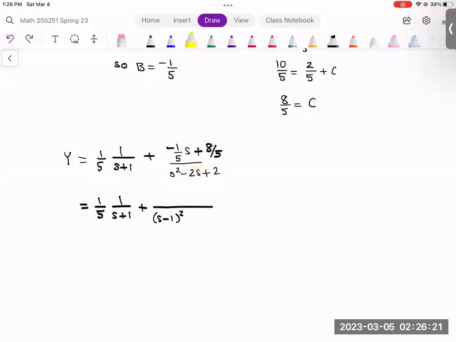So the coefficient of s was equal to negative 2. So half of that gives us negative 1. When we calculate s minus 1 squared, this is s squared minus 2s plus 1. So we've added in an extra 1. We're just going to subtract that away. So this is 2 minus 1.